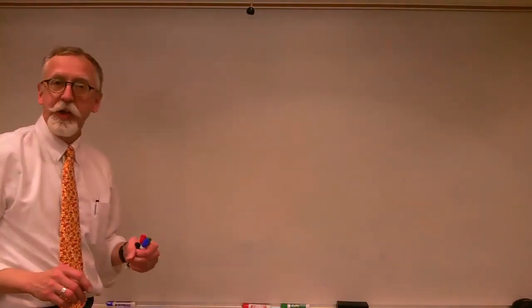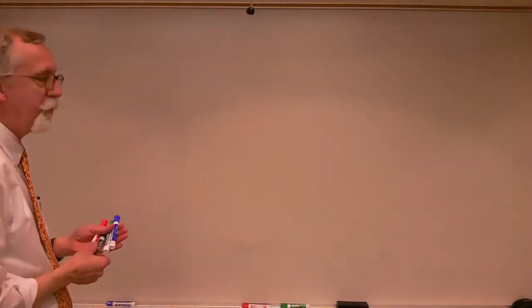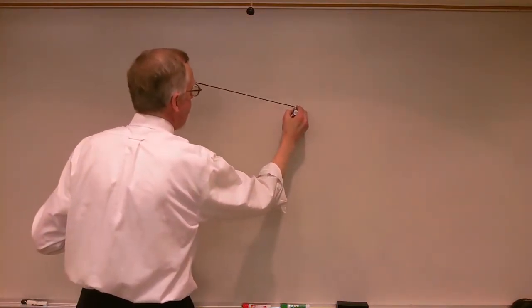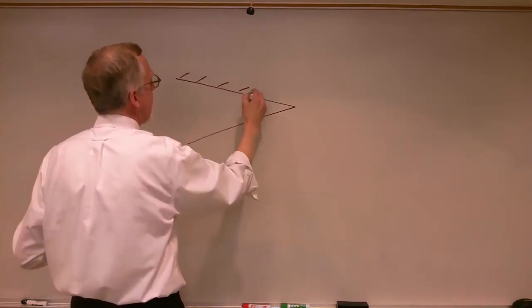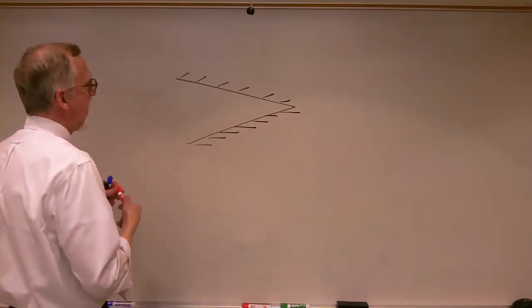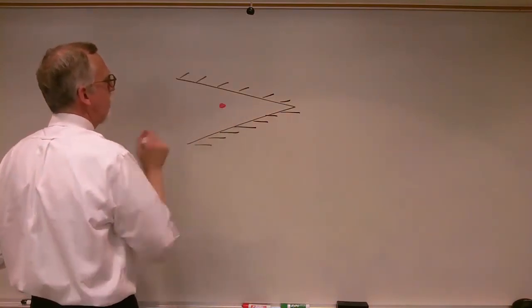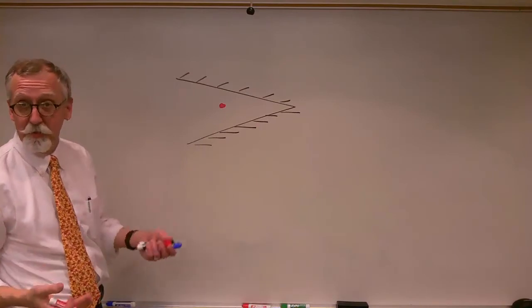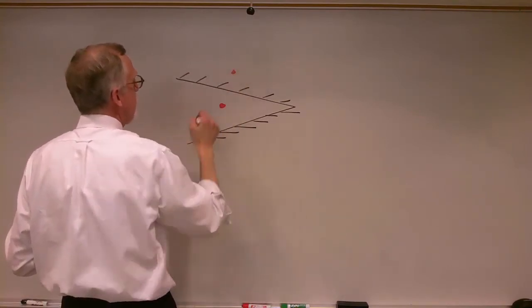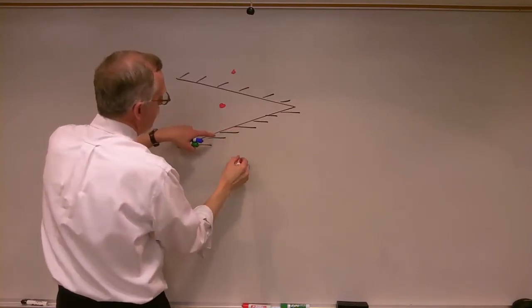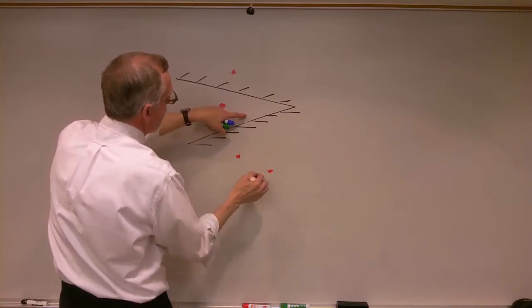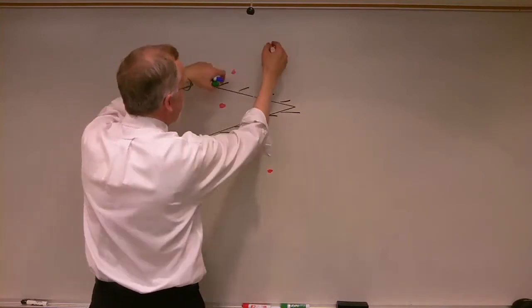Now, just a couple more things, some interesting results. What if we have mirrors that are actually not at 90-degree angles? So imagine we have two mirrors like this that are not at 90 degrees, and we have a source in between, something like that. Well, we get some very odd results. This mirror creates an image up here. This mirror creates an image down here. This mirror creates an image of this one down here. This mirror creates an image of this one up here.